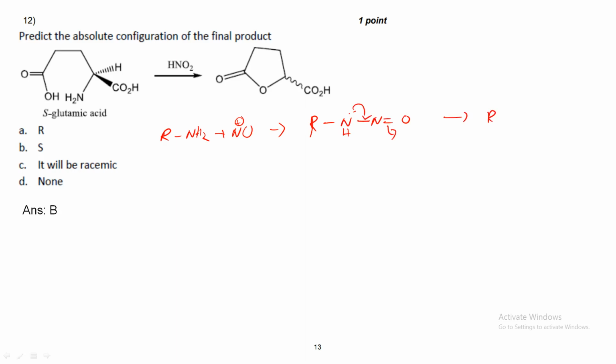So this kind of mechanism operates, and it is done in very acidic condition. So that's why formation of this kind of thing is there. This kind of species is generated. Now this CO2 is present, and it can actually act as a neighboring group participation type of thing.